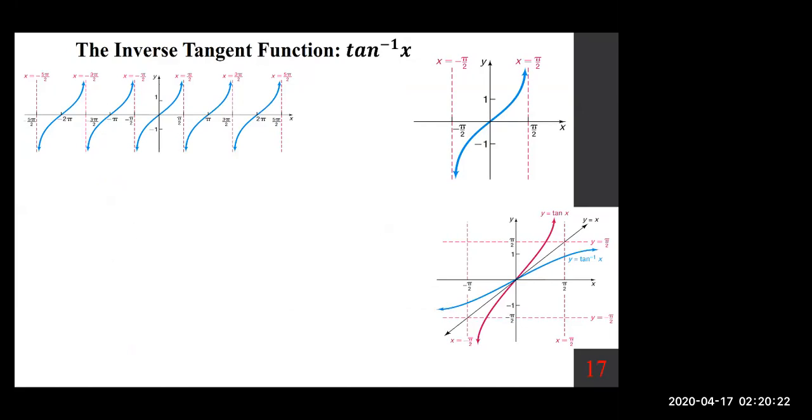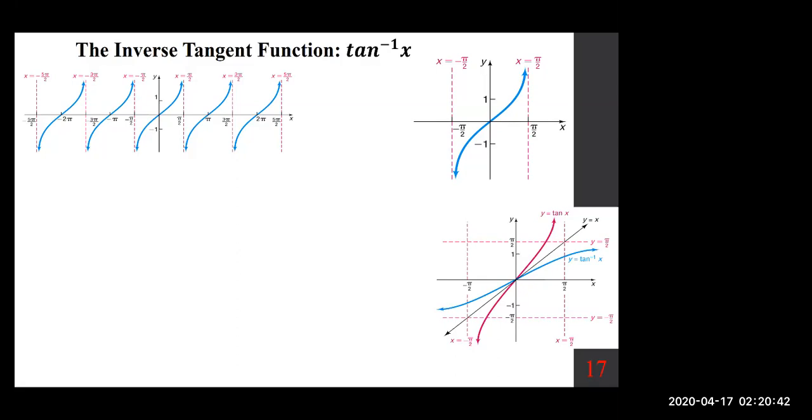So what about other functions? Let's quickly discuss those also and see how that works. For example, what about tangent? As you know, tangent, like sine and cosine, is not a one-to-one function. So we limited it, just the way we did with sine, to negative pi over 2 to pi over 2.